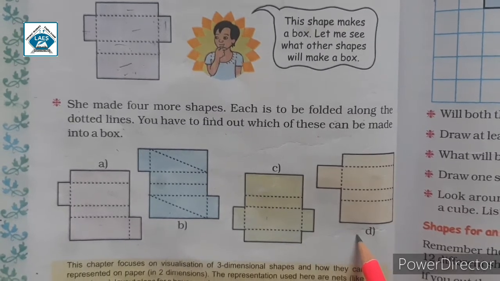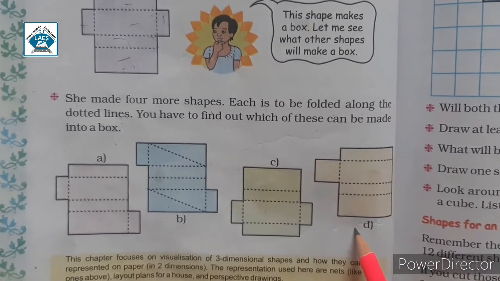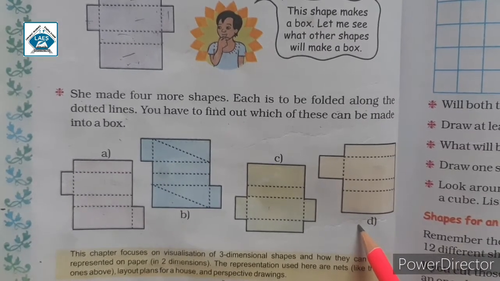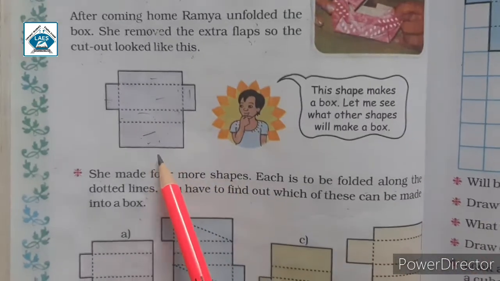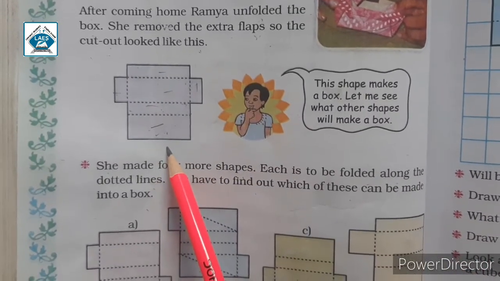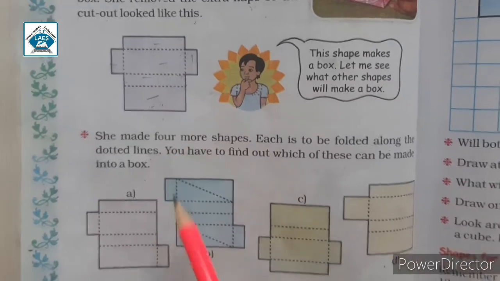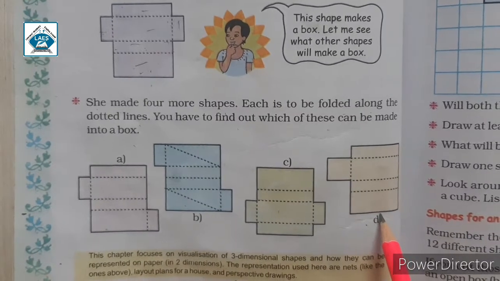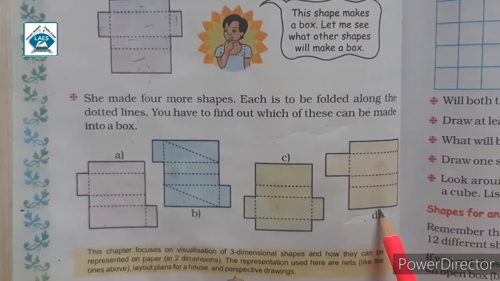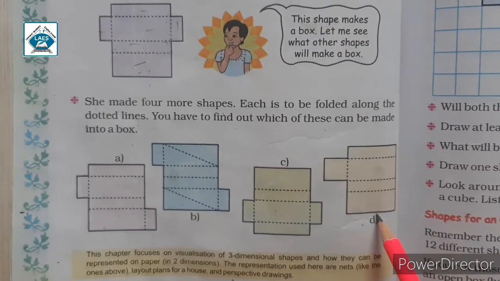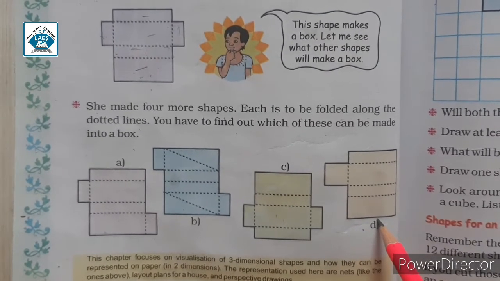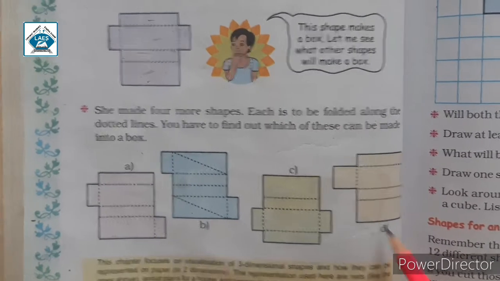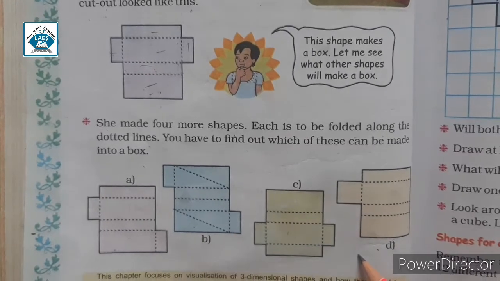As you know, the sweet box in the previous cutout had 6 faces. So it is very clear that in these A, B, C and D cutouts, we have to find the 6 faces. If a shape has 6 faces, it means we can make it. But make sure that all the faces should be rectangles.